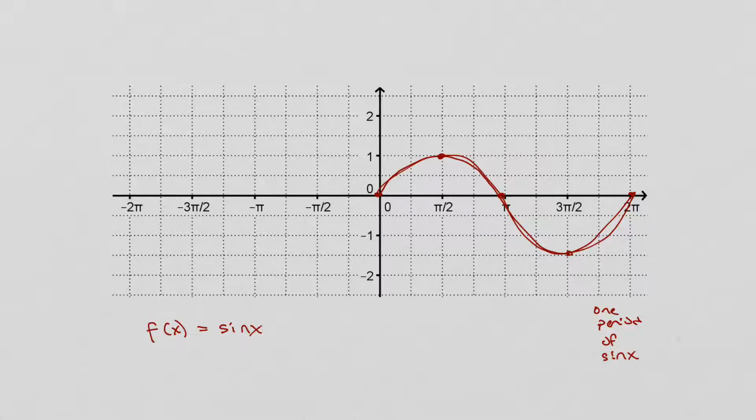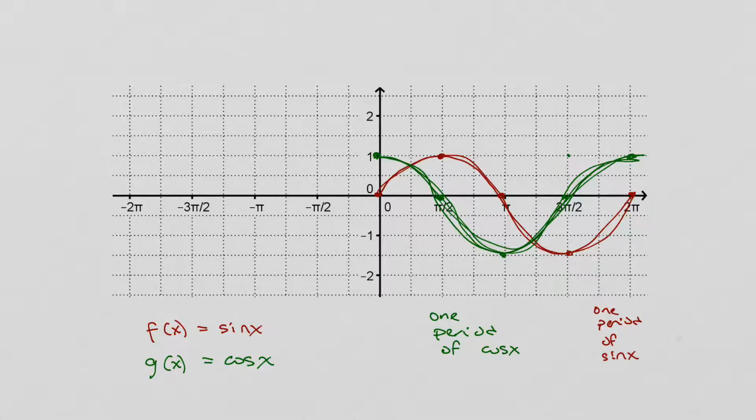When we graphed cosine x, it started up here at 1 and went down like this, from 0 to 2 pi right there. So it looked something like this. That's what the function g of x equals cosine of x looks like. In green here, this is 1 period of cosine of x.